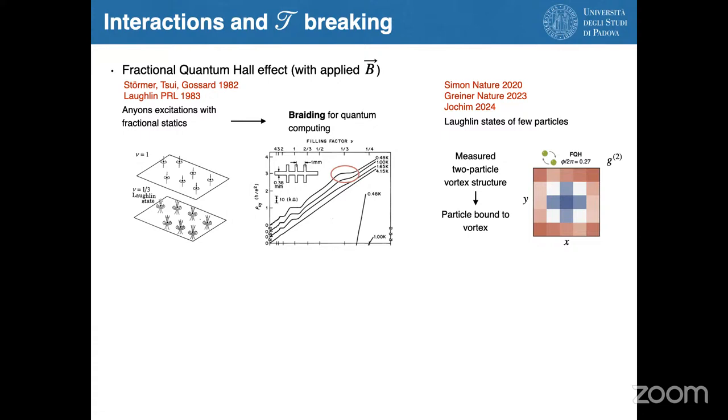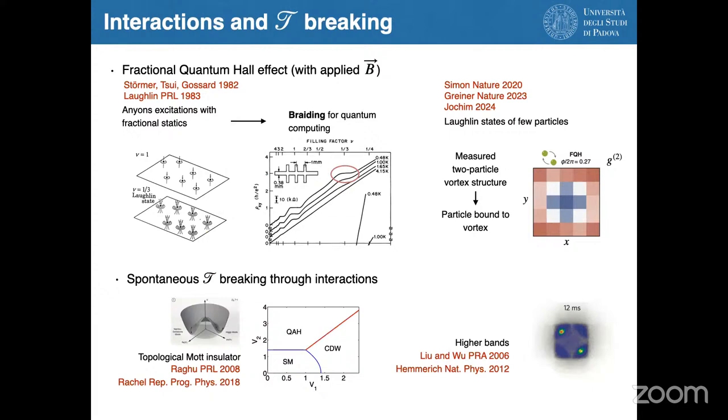But we have another option, and the other option is that actually time reversal symmetry is broken spontaneously, like a symmetry breaking mechanism, not occurring for U1 symmetry or other ones that you're usually familiar with, but for time reversal. And one of these examples was proposed actually by Raghu, which is the same Raghu that Ronnie Tomali yesterday was advertising for another topic, and the group of Shoucheng Zhang.